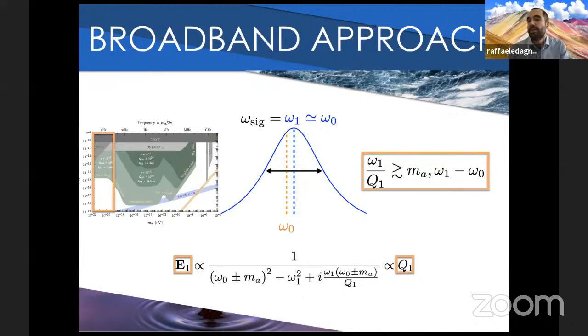The reason why we keep them degenerate within the bandwidth is that in doing so, for every axion mass below this bandwidth, so roughly 10^-17, 10^-18 eV, you get the same sensitivity as a resonant experiment, because everything is within the bandwidth, and so you are still resonating, and your electric field is enhanced by the quality factor of the cavity, if you can saturate it. And typically, you can saturate it because at these masses the axion coherence time is extremely long.